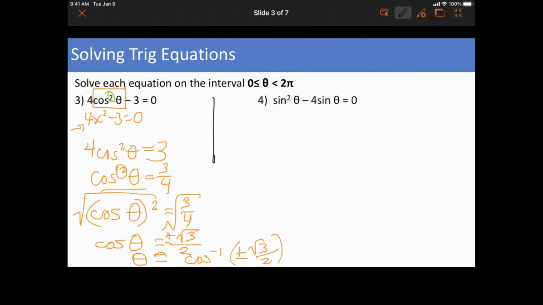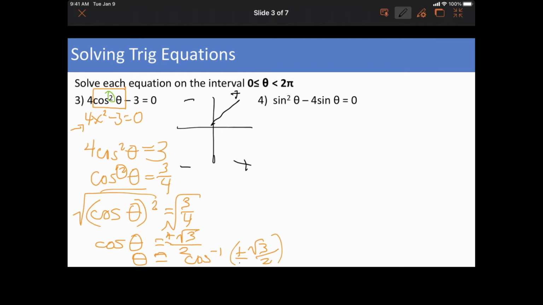So here, that can mean then all 4 quadrants. Cosine is positive here and here, it's negative here and here, but that means I'm going to have 4 answers and not just 2 because we have plus and minus.